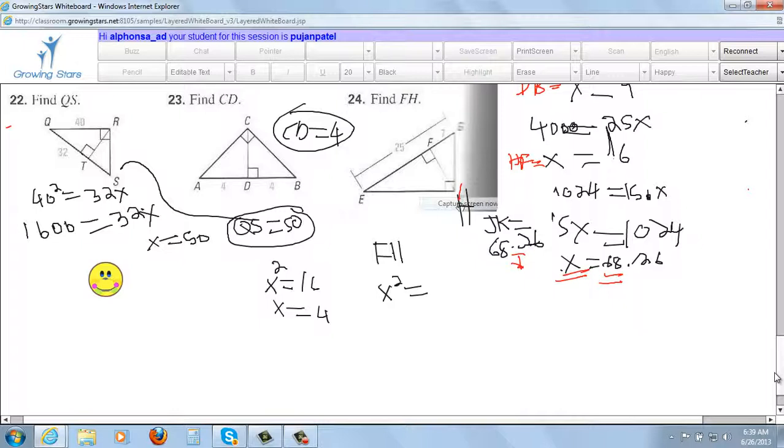FH squared is again 7 times 18. You subtracted, isn't it? Very good. 18 times 7. Square root of 126 is roughly 11.2.